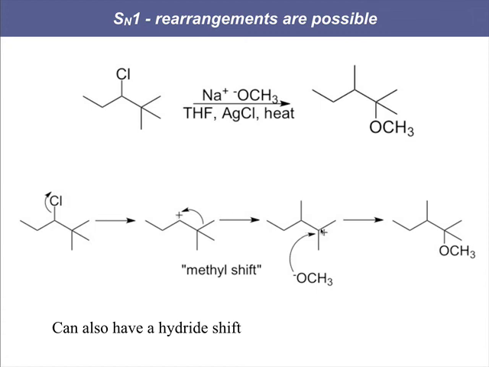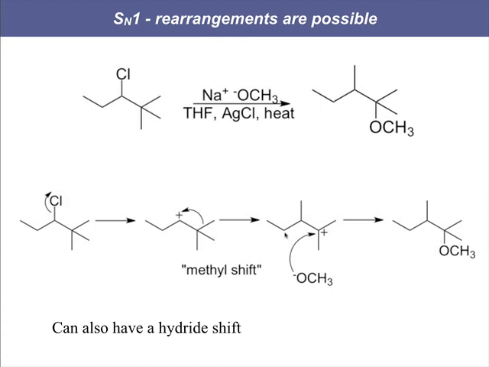This cation is tertiary. We have increased the stability of the cation as a result of doing this methyl shift. Once we've formed this tertiary cation, then the nucleophile will add in. Therefore, we get that product. We get the rearranged product.